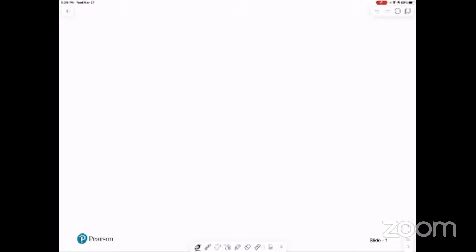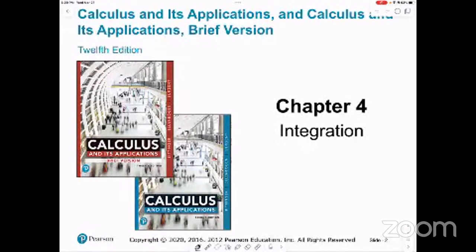So last time we began our exploration on chapter 4, the final chapter, right? It's obviously not the final chapter, but it's the last thing that we kind of need to talk about. And so we kind of summarize integration as the reverse of differentiation.